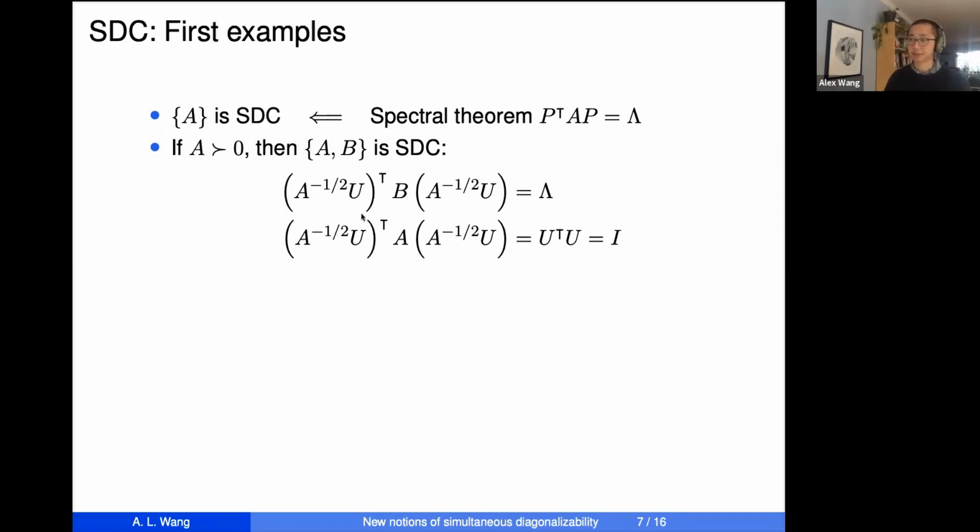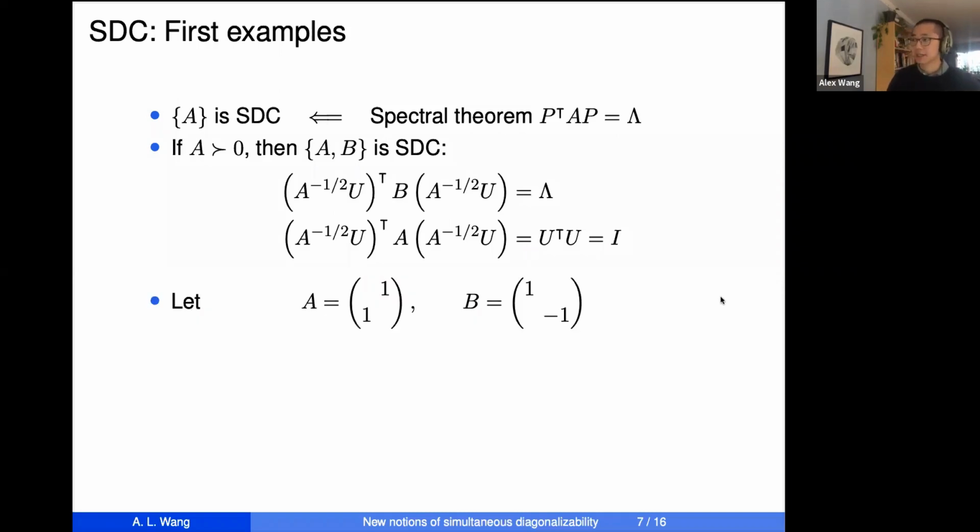You see this if you expand and cancel out the A negative half A negative half term, you're left with U transpose U, which, since the spectral theorem tells us U is orthogonal, gives the identity matrix. This is perhaps a little bit mysterious, but the main takeaway is that the invertibility criterion is much weaker than orthogonality.